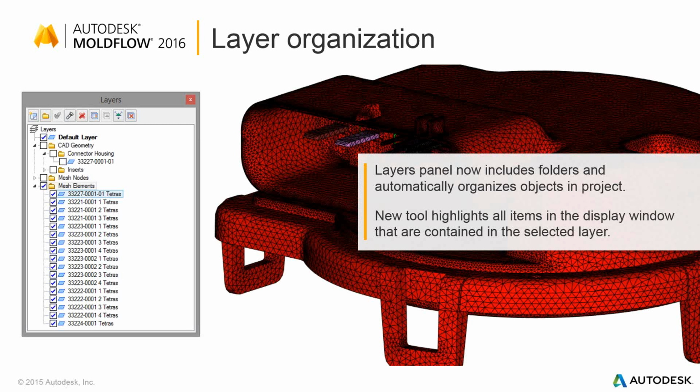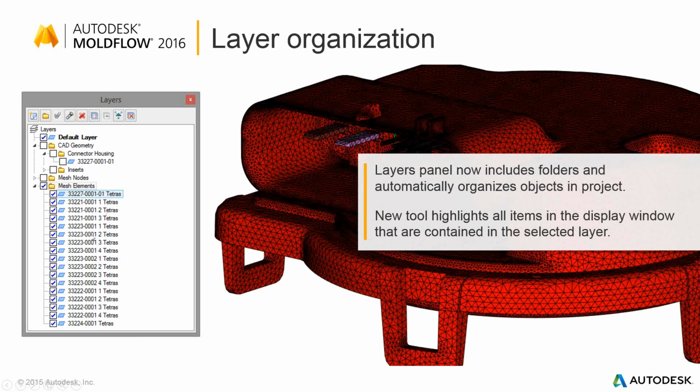Another piece to this is that there's a new tool that we developed over here, and it looks like a flashlight. If you select the flashlight over here and go over the layers, it will actually show in blue which pieces of the mesh are associated with this layer.